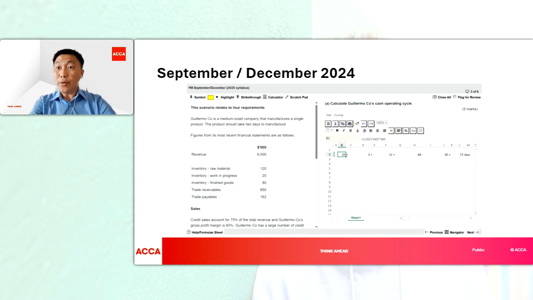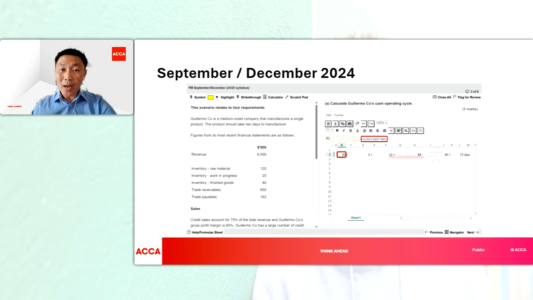Do you think the marking team understands what you have been doing in this kind of working? Even though every number that you see in the spreadsheet is supported by the formula tab above, showing the marking team how exactly this number is derived. Do you think this is a good presentation of the answer?